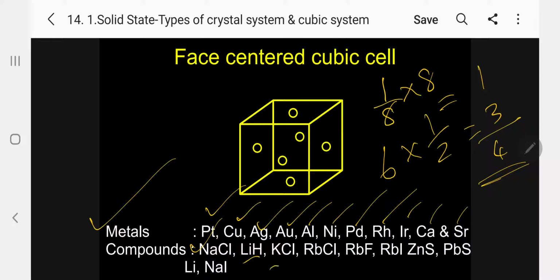Lithium hydride, potassium chloride, rubidium chloride, rubidium fluoride, rubidium iodide, zinc sulfide, lead sulfide, lithium iodide and sodium iodide. Kindly follow. These are examples of the face-centered cubic cell.